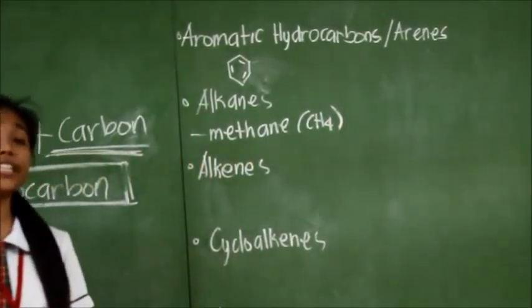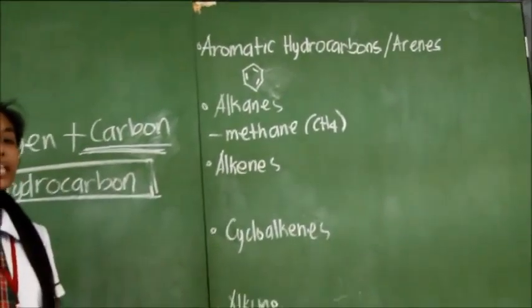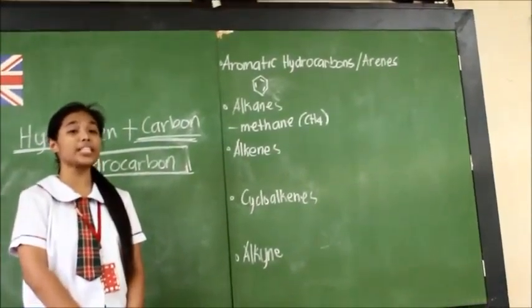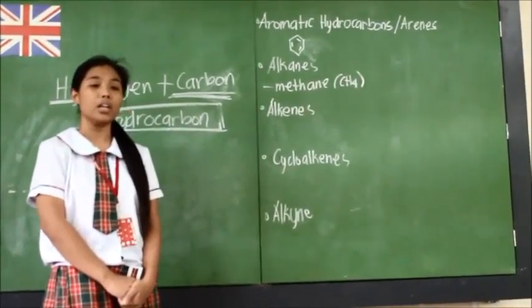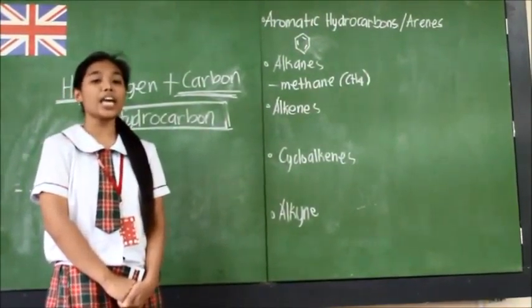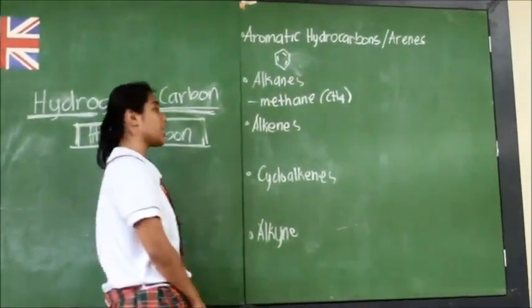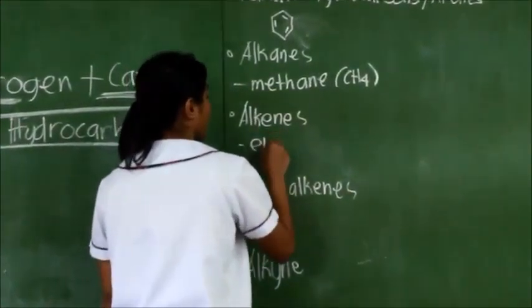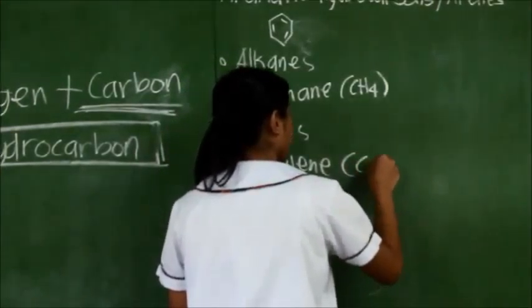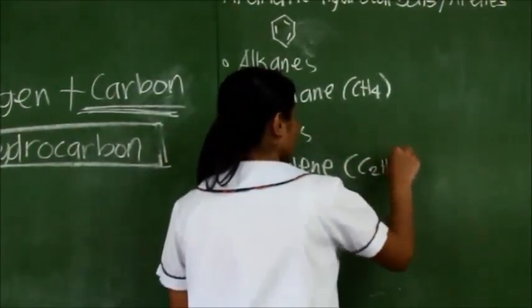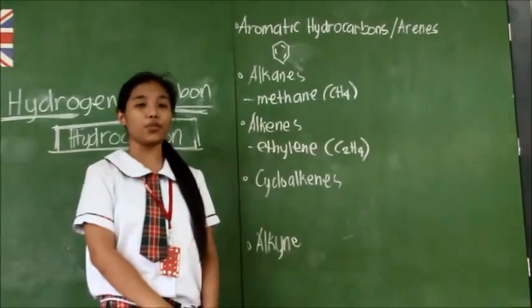For the third type, we have alkenes. Alkenes are unsaturated chemical compounds containing at least one carbon-carbon double bond. The simplest alkene is ethylene, or C2H4.